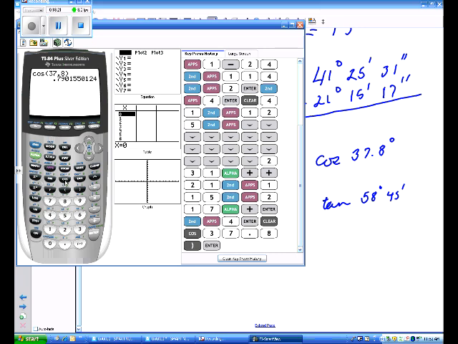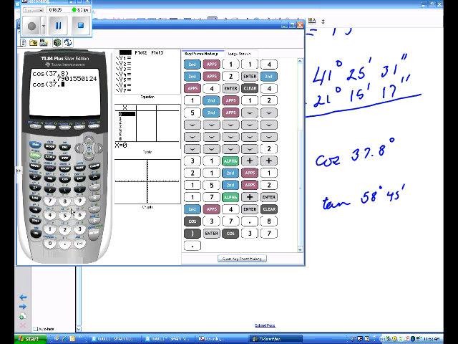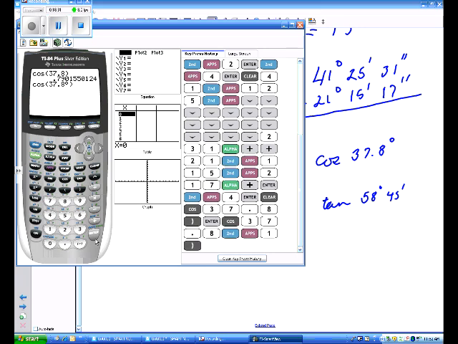It would not be wrong if you put a degree sign, 37.8. We could put our degree sign, and it would give us the same answer. Now, if our calculator were in the radian mode, then you would have to put your degree symbol here if you were wanting to work in degrees. So you need to know what mode your calculator is in.